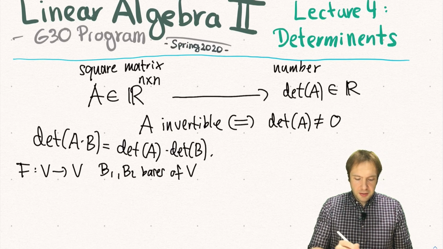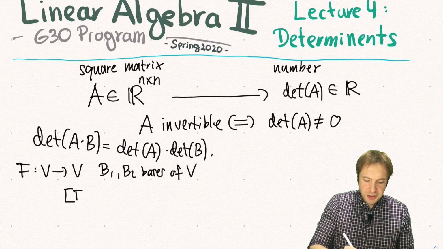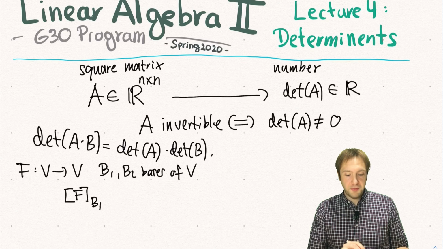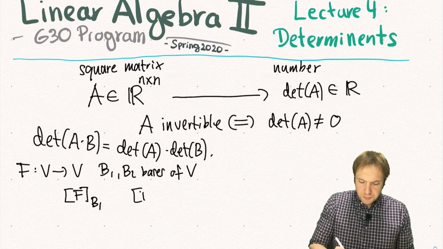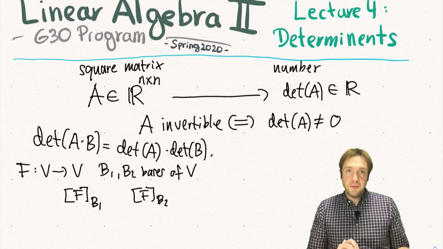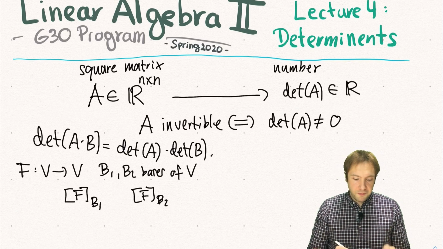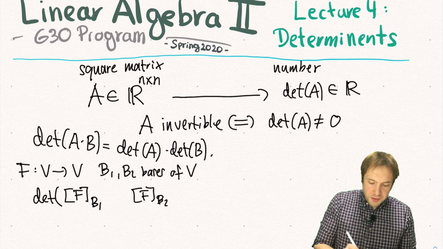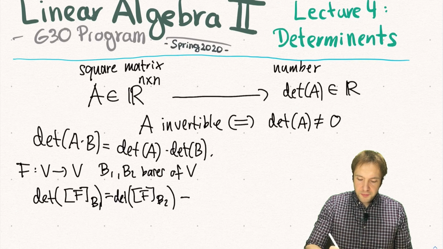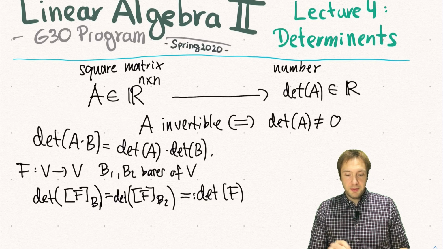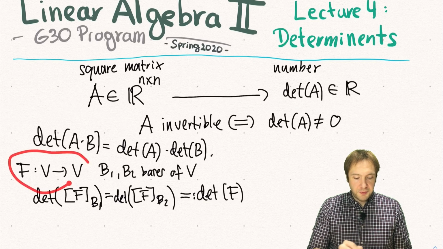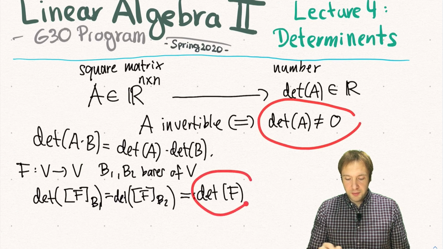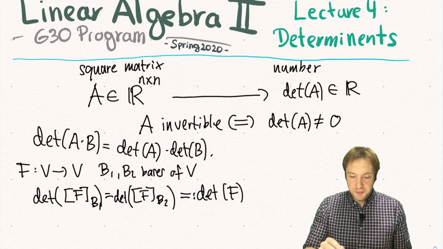of this vector space V, then last time we learned that we can attach a matrix to this linear map, for example, with respect to the basis B1, and we also could choose the basis B2, and these gave two different matrices for this one linear map F. But we will see that the determinants of these two matrices are actually the same, and therefore we can really speak of the determinant of this linear map F. And then we will also see that this linear map F is invertible exactly when this determinant is non-zero.